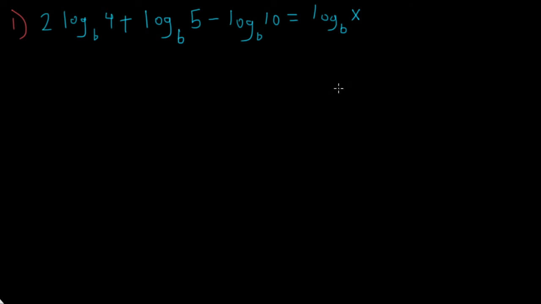See if you can simplify this, and if you can, see if you can figure out what x is going to be. We haven't quite gone over the property, but you might be able to figure it out.